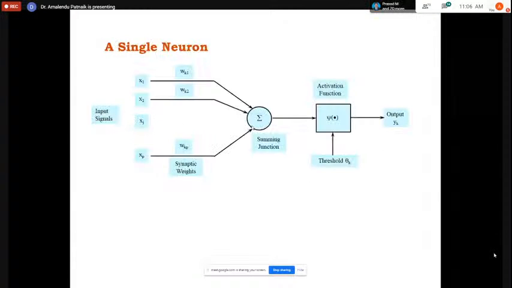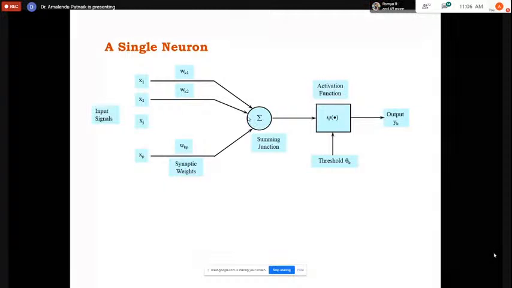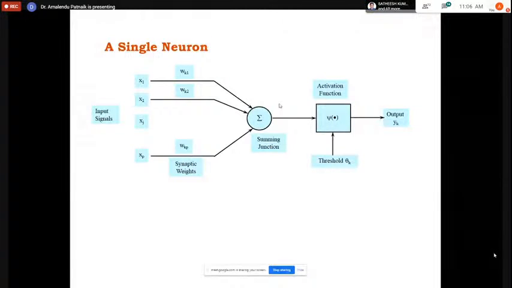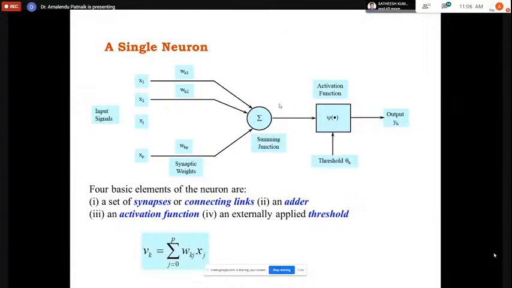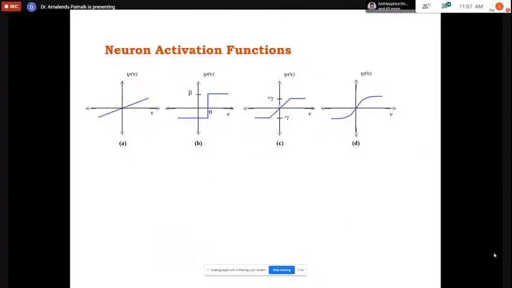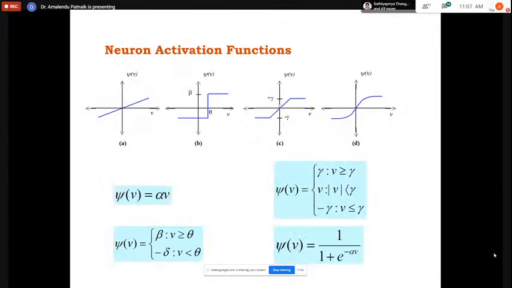This is a single neuron. We are not going through the details of that one, but it's just mimicking the natural neuron. And these are the general activation functions that we are using.